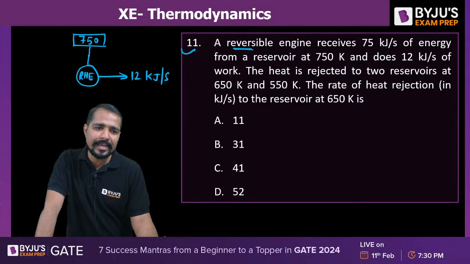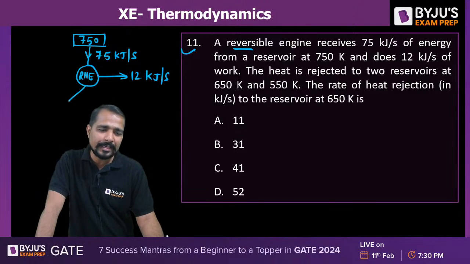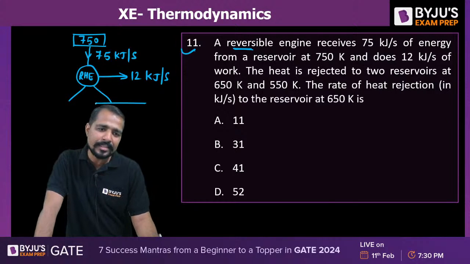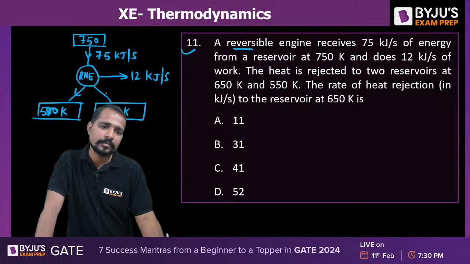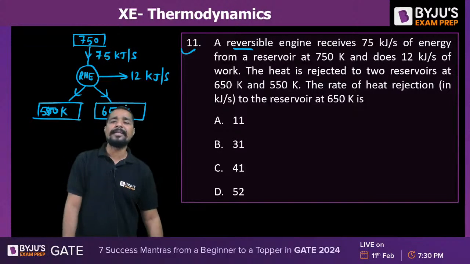How much energy? Energy is taken from here, 75 kilojoule per second, and after that it is rejecting the heat to two reservoir. Like this one is what should I write? 650 Kelvin, and my dear, this one is 550 Kelvin. How fast you write the answer?